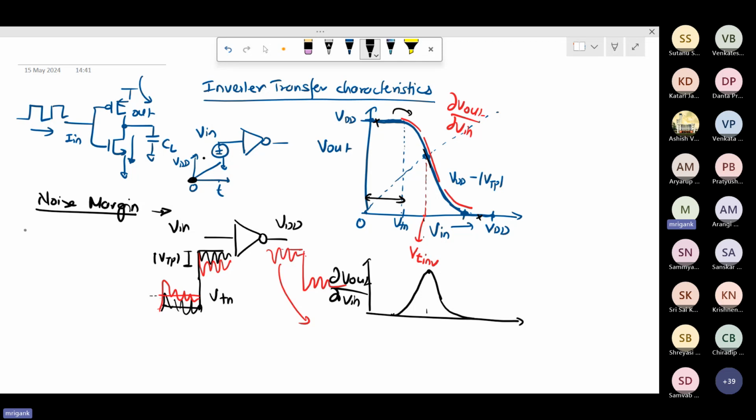For 1.2 volt VDD, we have VT of these MOSFETs around 0.4 volt at max. So on the upper and lower side, we get around 0.4 volt, and VDD is 1.2 volt. So 1.2 volt minus 0.4 volt, so 0.8 volt. So this much noise margin we are getting on both sides. That means it can tolerate a couple of 100 millivolts of VDD noise easily, right?